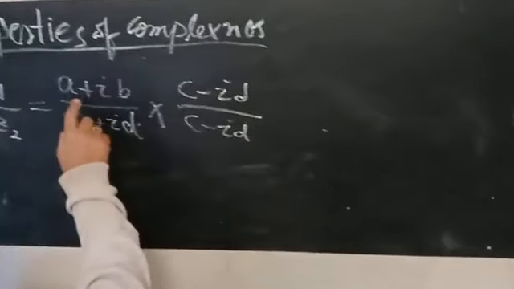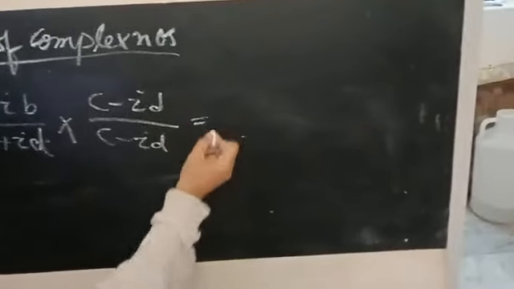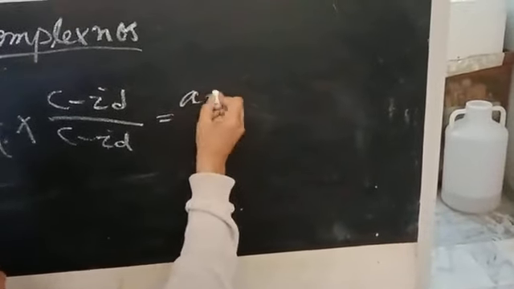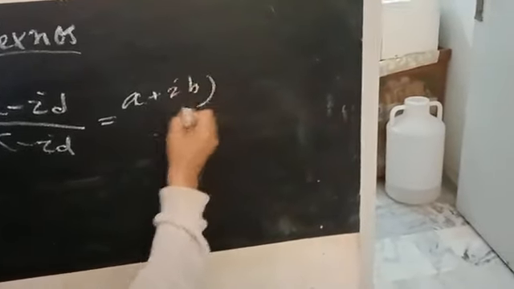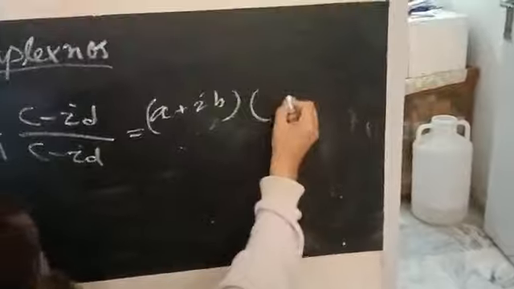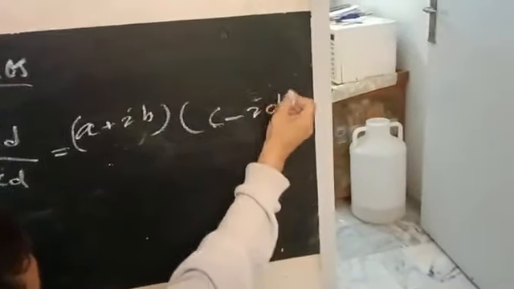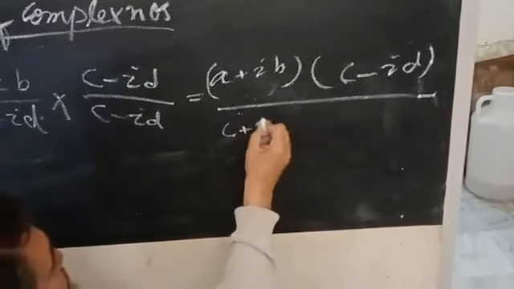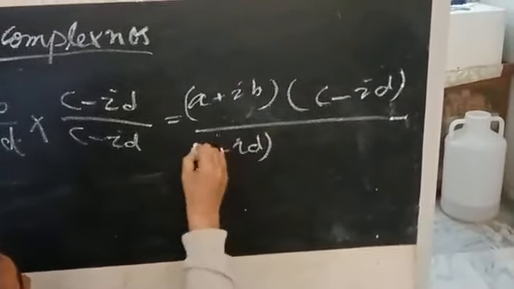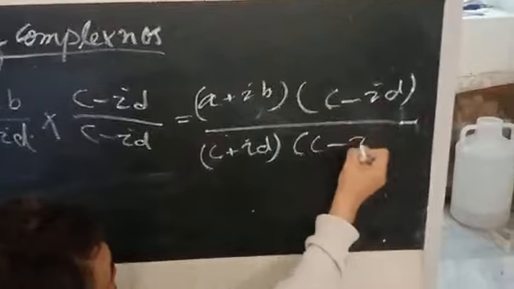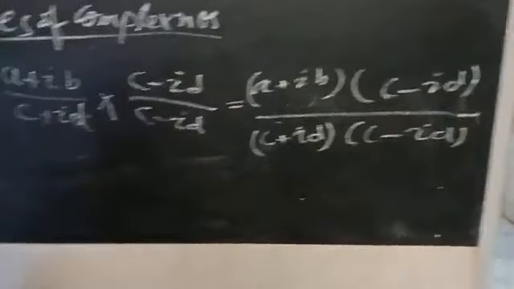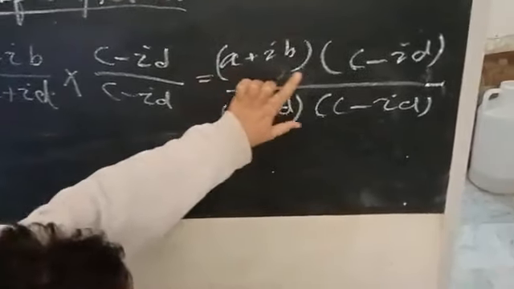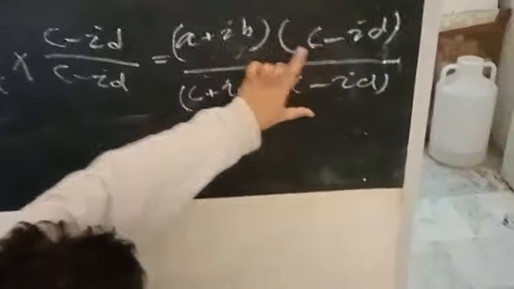Now, look here. This is A plus iota B multiplied by C minus iota D. Our denominator will be C plus iota D into C minus iota D. The numerator is a multiplication of two complex numbers.